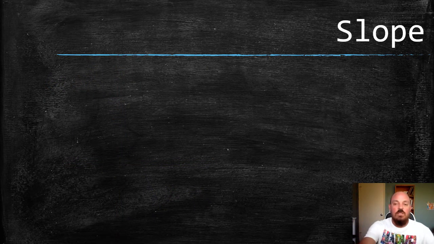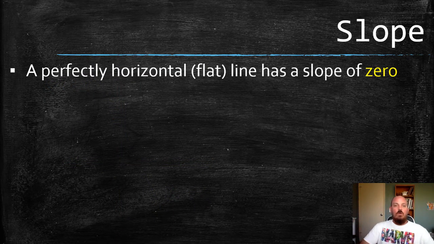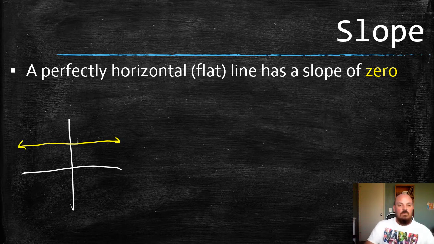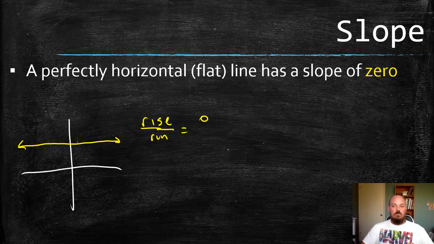There is one last quick thing about slope. We say that a perfectly horizontal or flat line has a slope of 0. Now the reason for that is because if I drew a perfectly horizontal line like this, and I do rise over run, the rise is always 0.